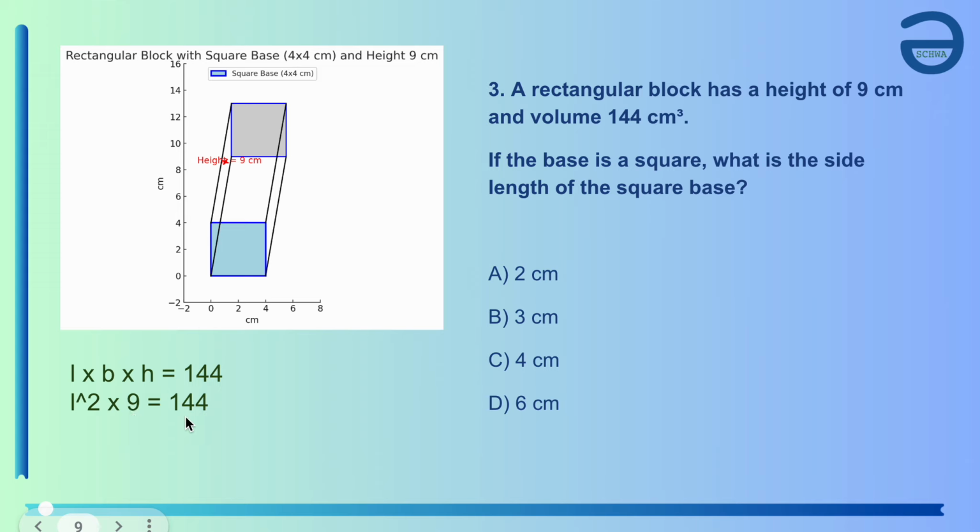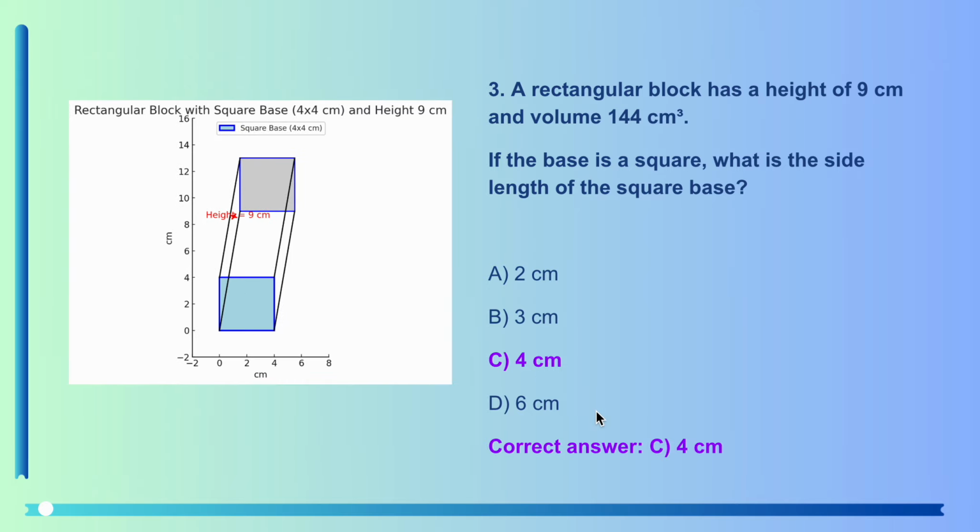So we need to bring this 9 to the other side, and it'll become division instead of multiplication. So your L square is 144 by 9, which is 16. So if L square, that is this area, is 16, one of its sides will be the square root of 16, which is 4. So our answer is L is equal to 4.